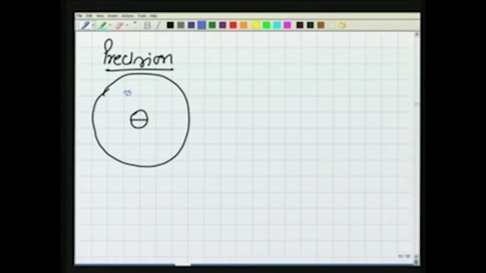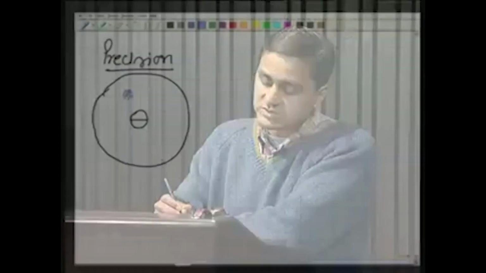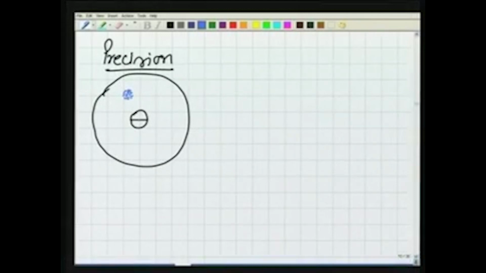He fires all his bullets very closely here. His firing is not accurate, obviously, because it is away from the bull's eye. But why is it happening? It is happening because of some forces which are working there, some systematic error. And because of those systematic errors, all the observations are clubbed here.